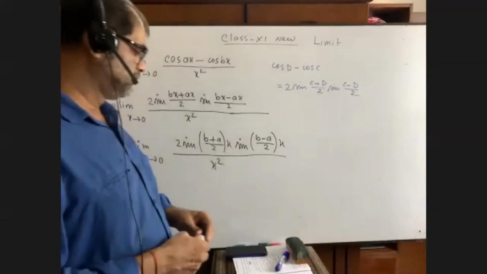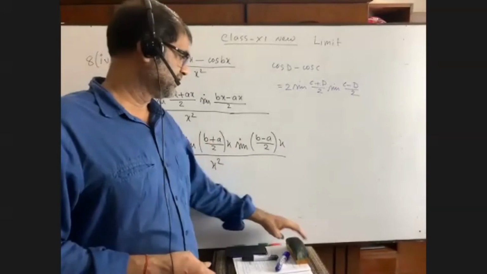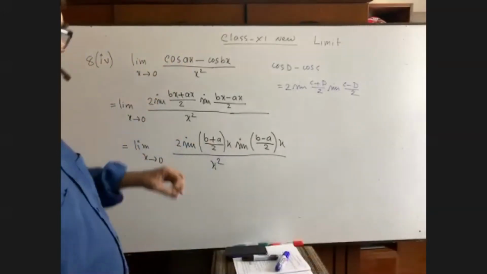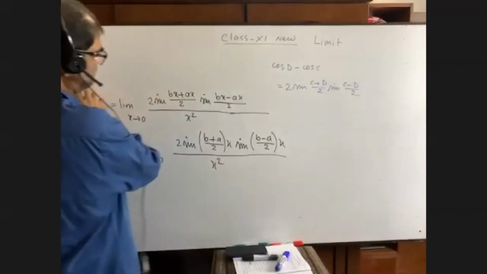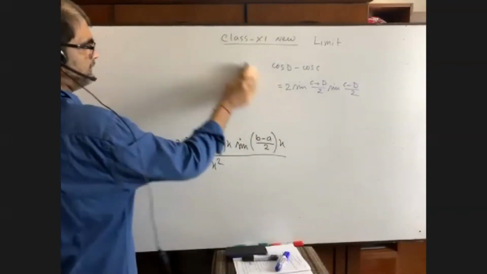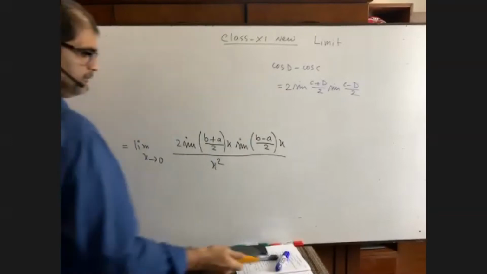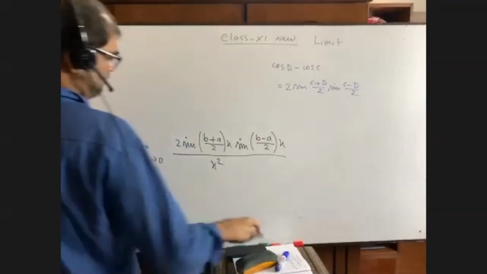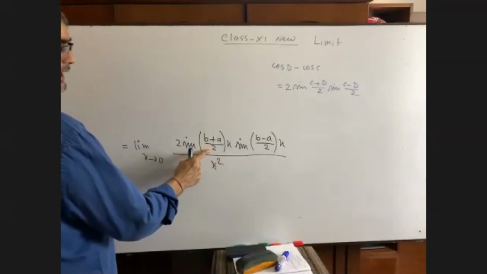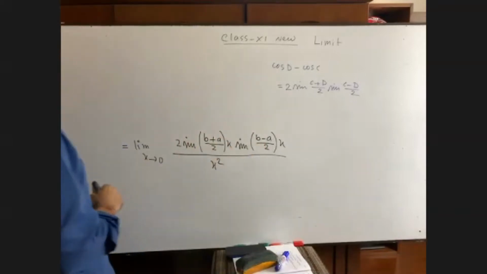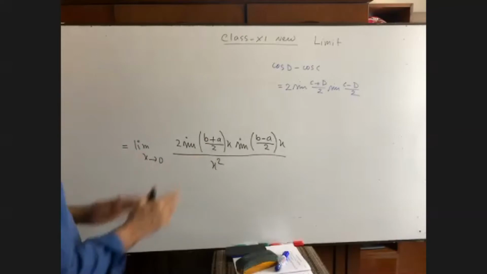Now, can you let me know what is theta here? What is theta here? So (b plus a) x by 2 is theta, and again it is also theta, right? So we have two functions.